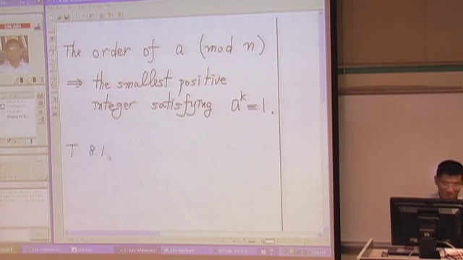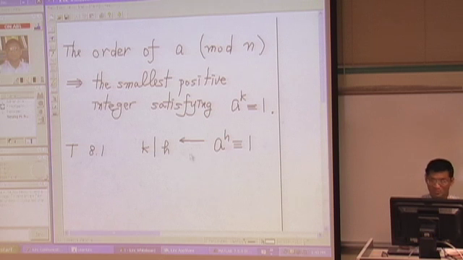This order divides any h satisfying a to the power of h congruent to 1. So if this is satisfied, then k divides h, and the other direction is obvious, right? This is the one that I proved. In other words, if any other h satisfies this condition, then k divides h.